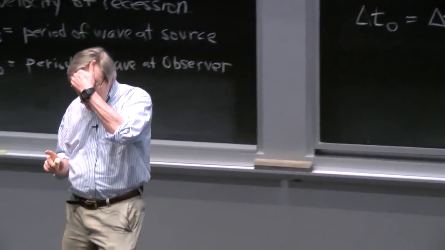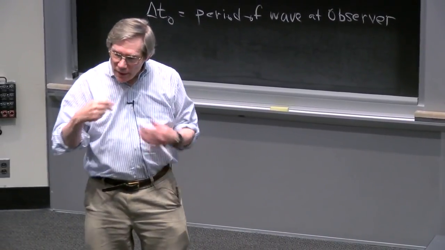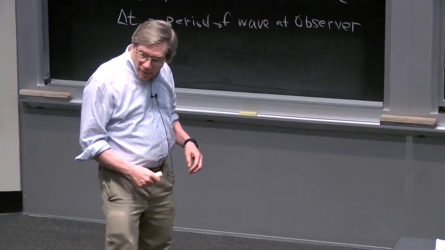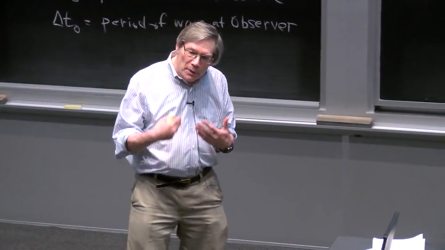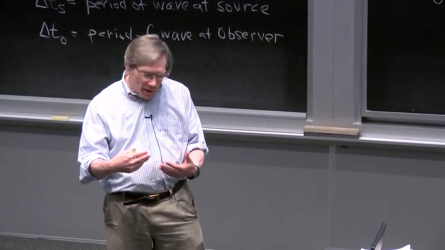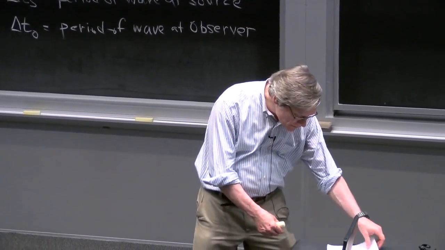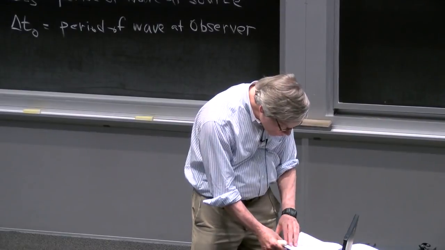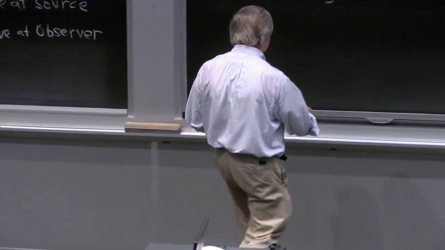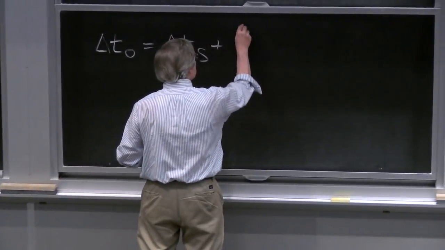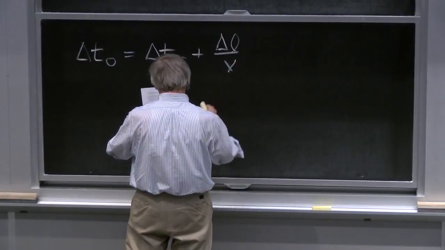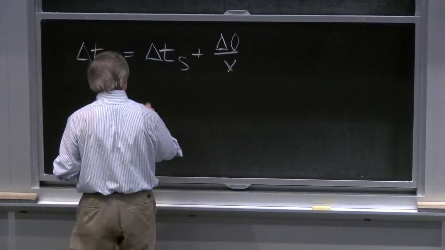But because there is motion, the second crest is going to have to travel further by an amount delta L. So it will be delayed by the amount of time it takes for the wave to travel delta L. And that's just delta L divided by u, plus delta L divided by u. And we know what delta L is.